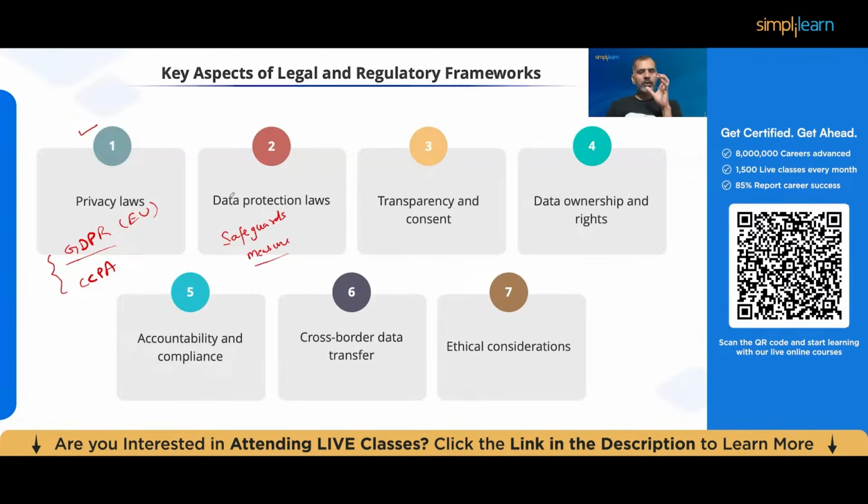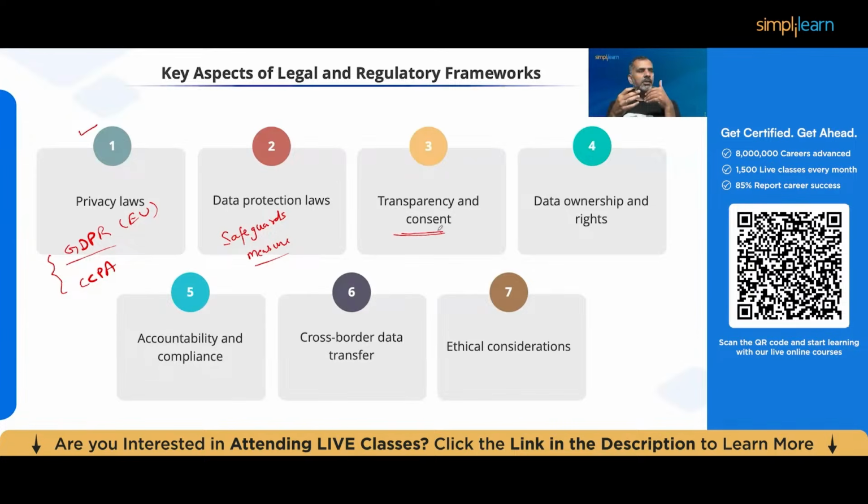These laws are not only imposed while an organization is storing data, but also when it is sharing the data. Then there is transparency and consent, which is very important. When any data organization is collecting data from individuals, these laws or frameworks emphasize the importance of adopting transparency practices.